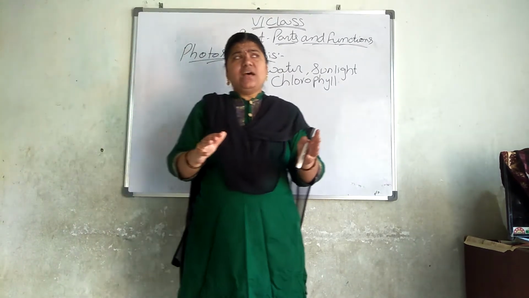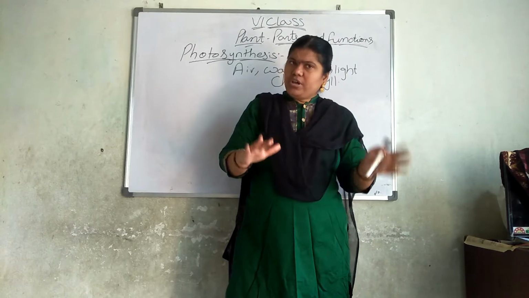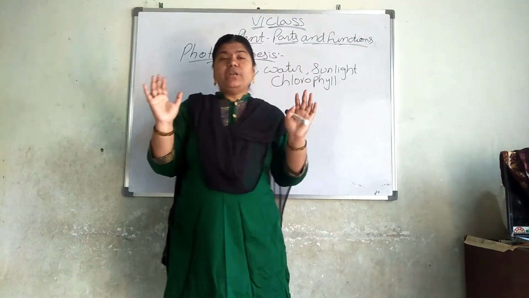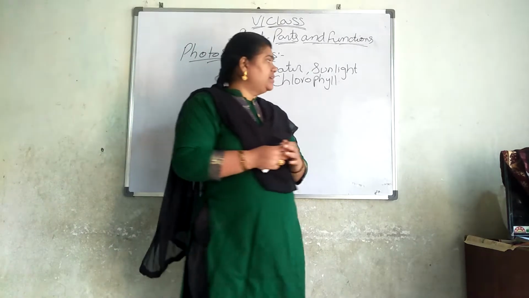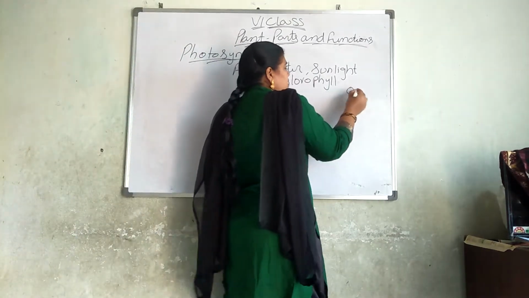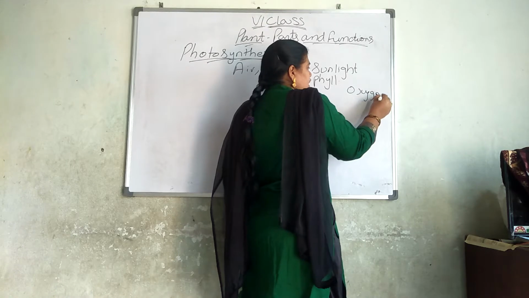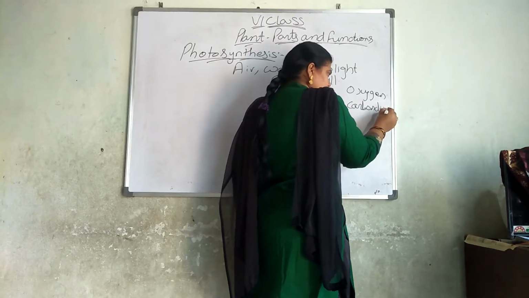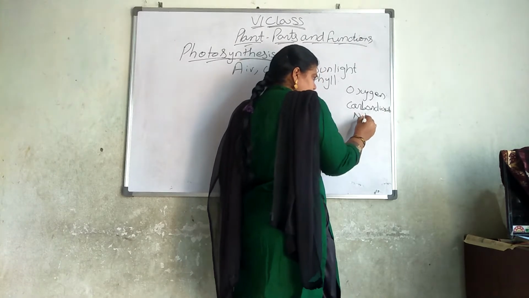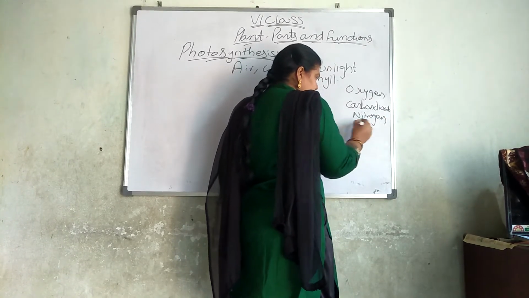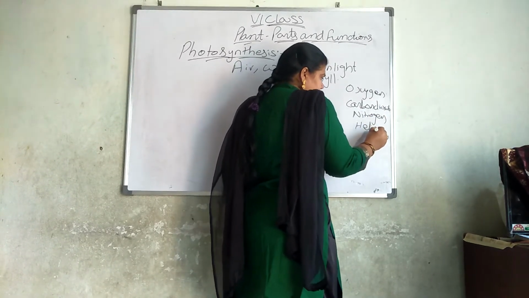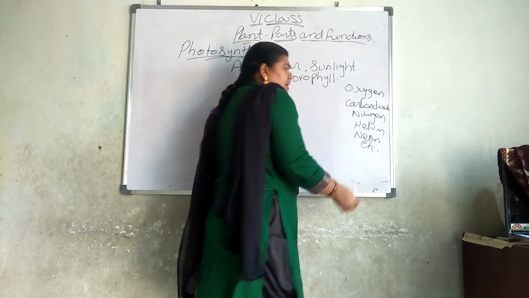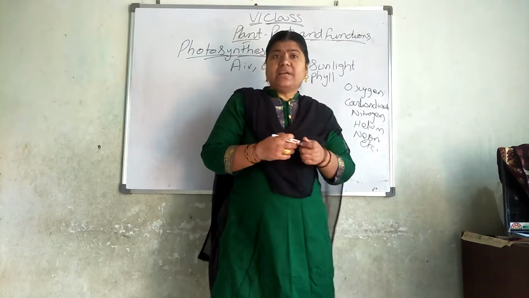In this process, are the plants taking only oxygen and carbon dioxide? No. Air is a mixture of a number of gases. What are those gases? Oxygen, carbon dioxide, nitrogen, helium, neon, etc. A number of gases are present in the atmosphere.